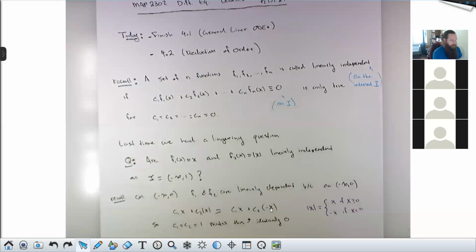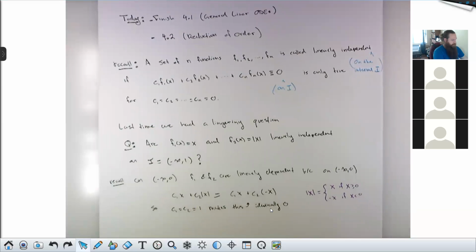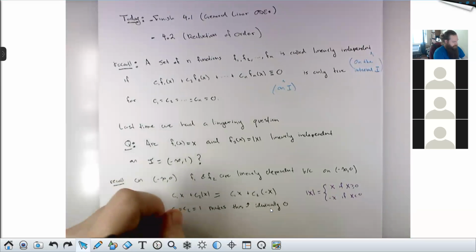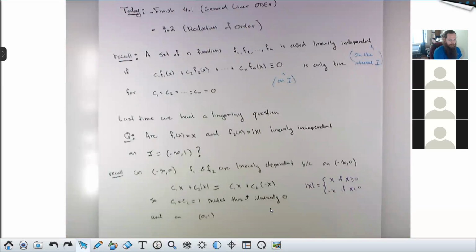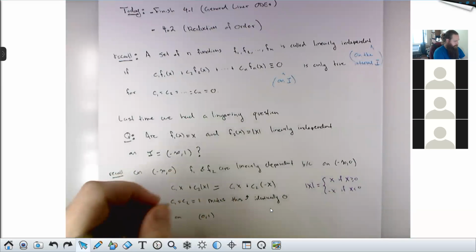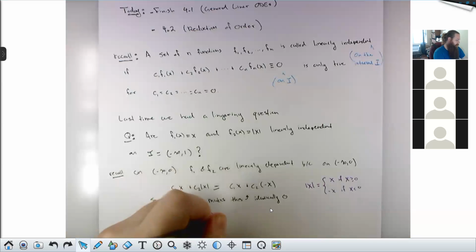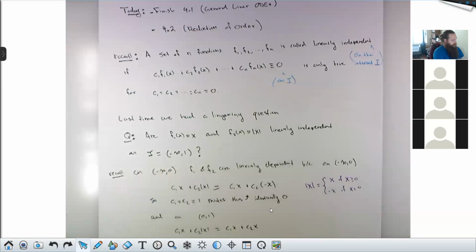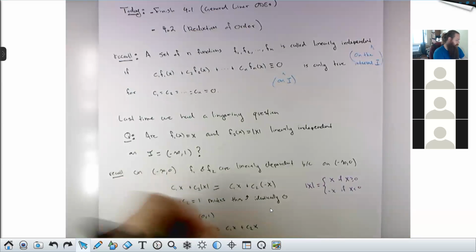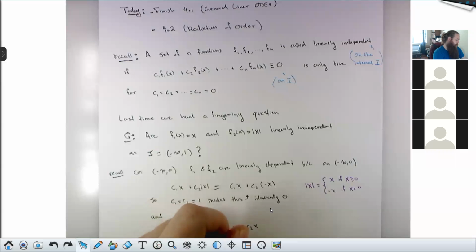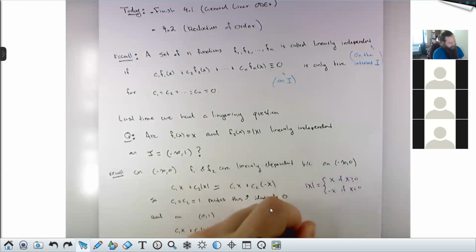And on any interval containing a positive number, in particular here, I'm going to say on 0 to 1, we would have C1x plus C2 absolute value x. That's the same as just C1x plus C2x, which requires C1 equals 1 and C2 equals -1 to be identically 0.